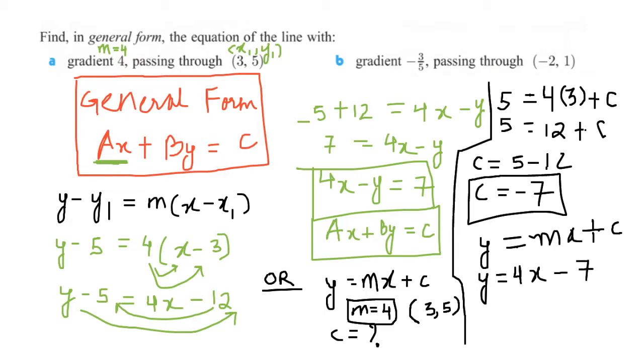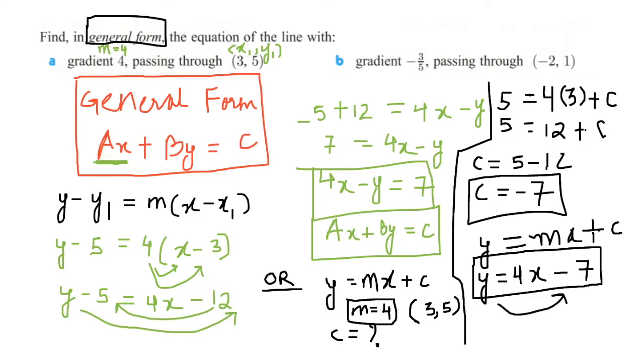This answer is in slope intercept form, but the question is asking us to write our answer in general form. So we will convert it by shifting y and shifting 7 to the other side. I'll get 7 is equal to 4x minus y, or 4x minus y is equal to 7, which is the general form for this part of the question.